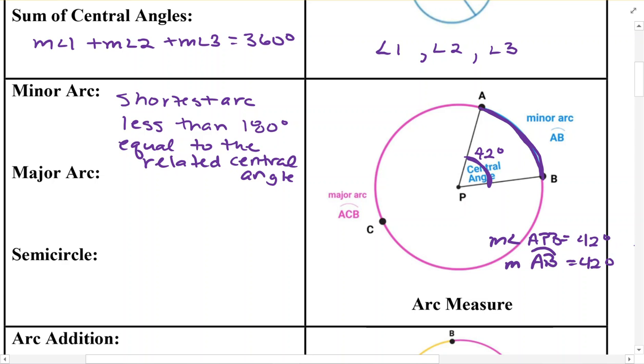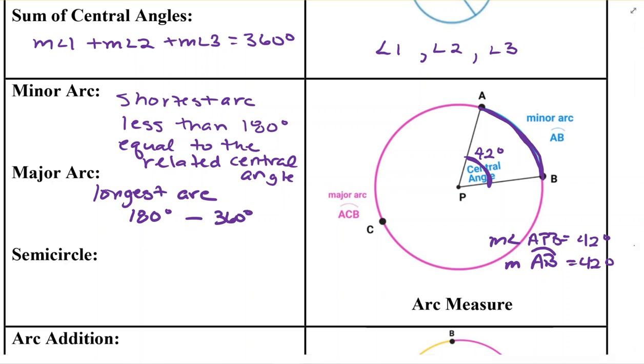A major arc is the longest arc. It's between 180 degrees and 360 degrees. Has to be less than 360 degrees.